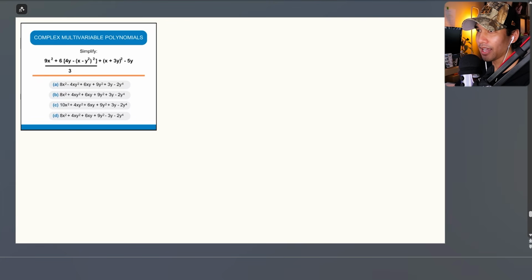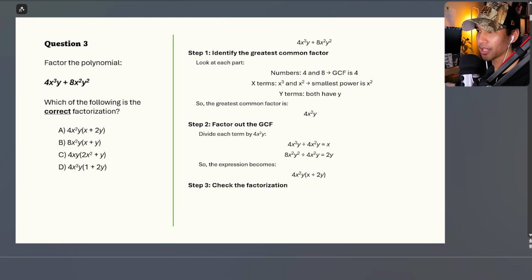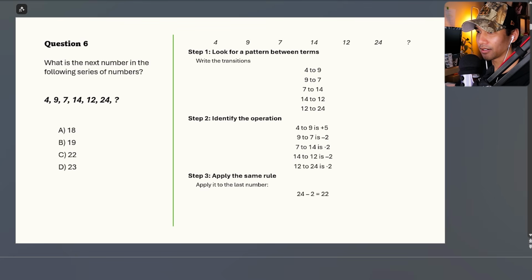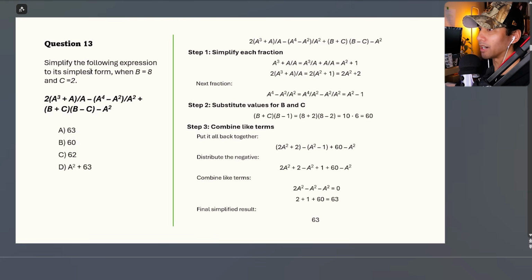Okay? I have a question here just like that. Maybe this? No, not that. That's not it. But I like even this was increased difficulty.